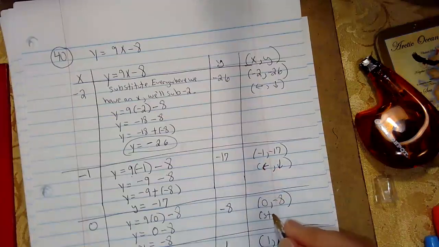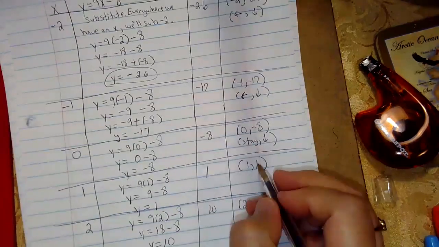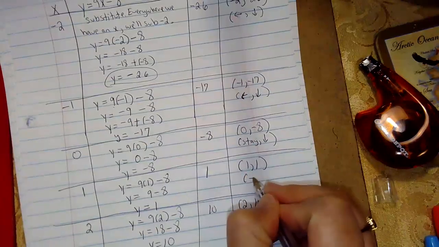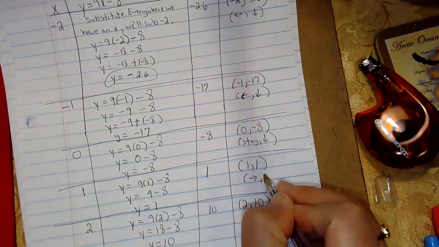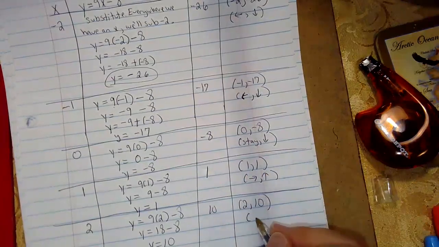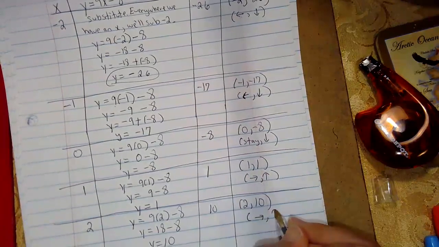Here, because it's 0, you do a stay, so you don't go right or left, and then you go down. Here you start at 0, 0, go to the right 1, and then go up 1. And here you'd go right 2, and then go up 10.